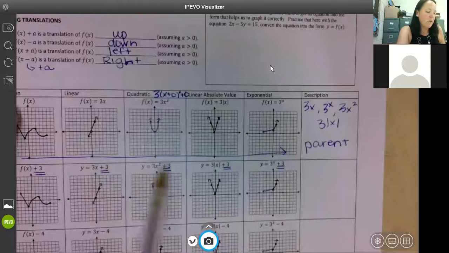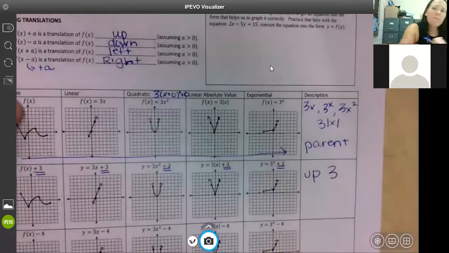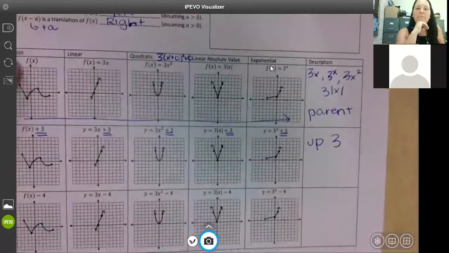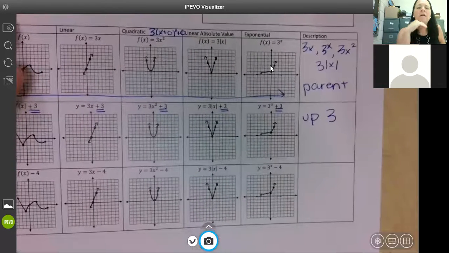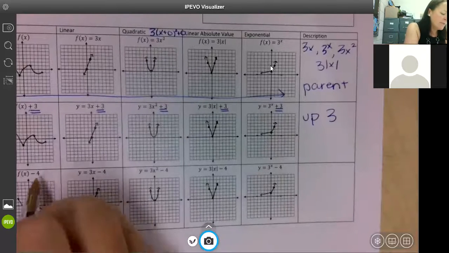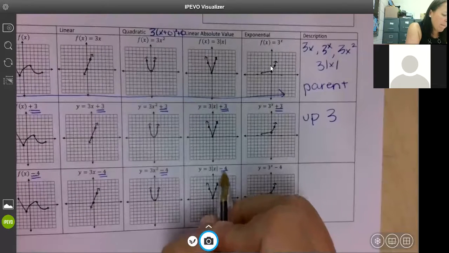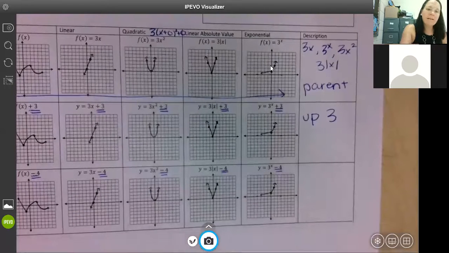So plus 3 on the end means that we move up 3. And again, these couple are not going to give you as much because it's a bunch of graphs to look at and equations, but when we get to the straight equations, it becomes super simple. What are we doing on the next ones? All of the next ones, what are we doing? Subtracting 4.